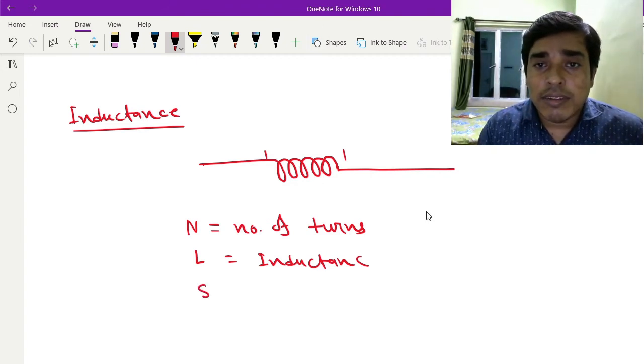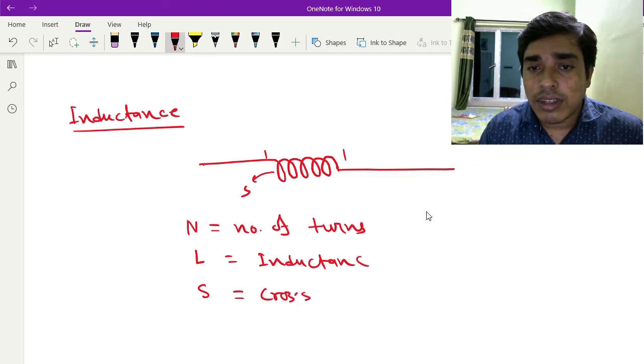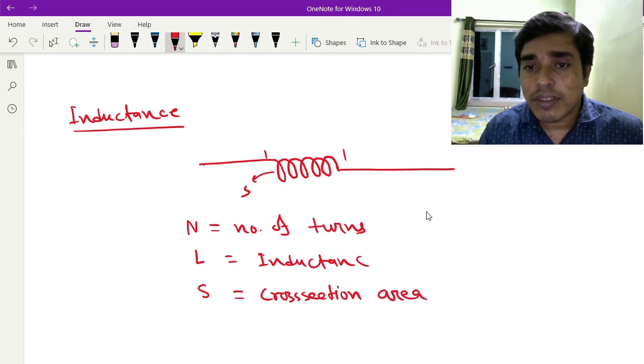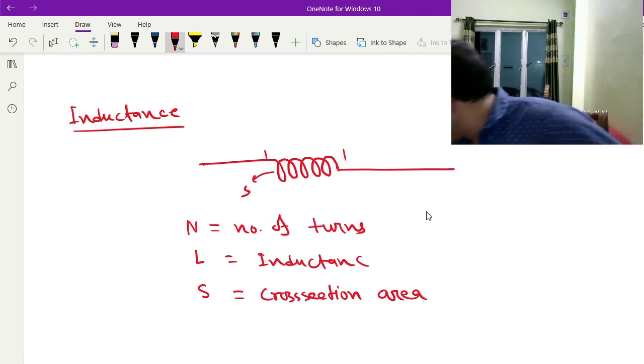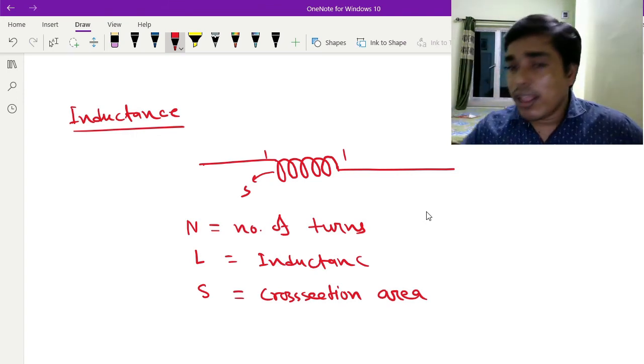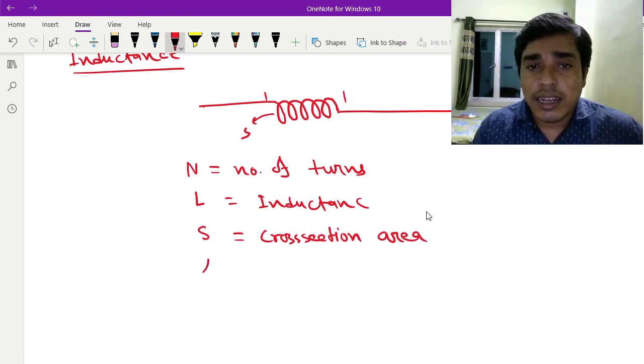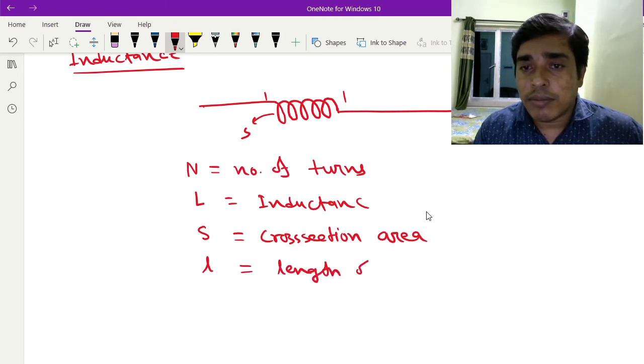Suppose S is the cross sectional area, and L is the length of the wire.